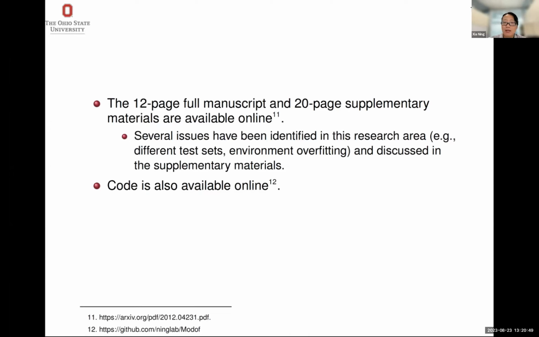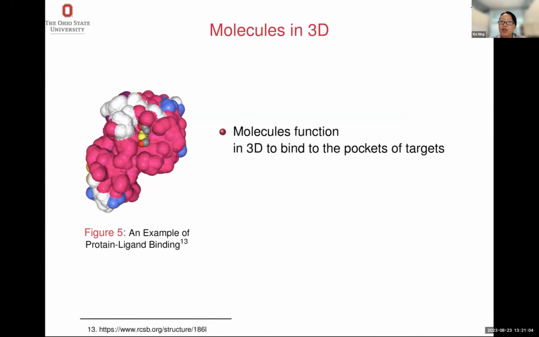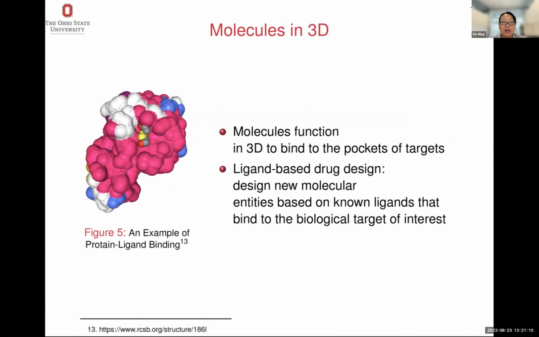So I think these are some very interesting topics that will need further research. And as you can tell, this work is on 2D small molecule graphs, and actually molecules function in 3D space by binding to the pocket of targets.